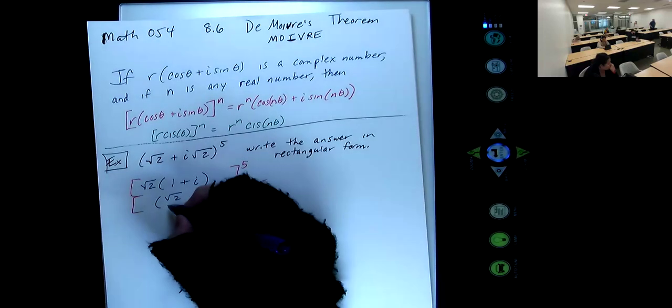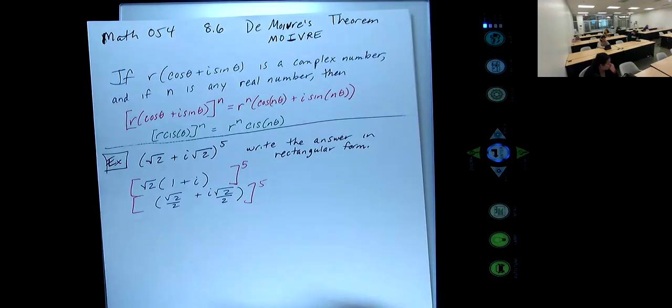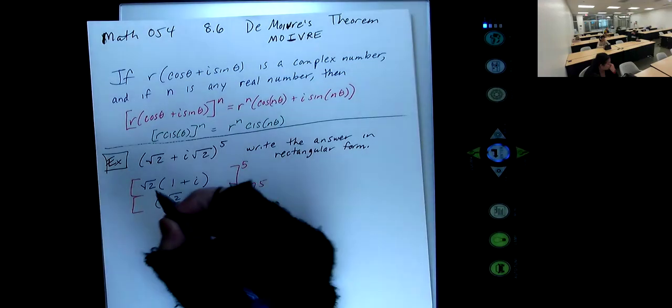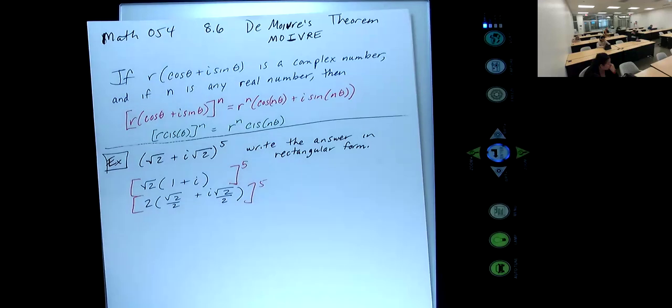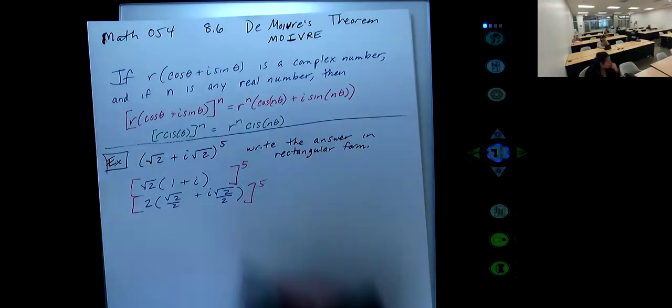But if I have this as root two over two, I know what angle it is, right? But if I do that, maybe I need to add a two on the outside. I can't just divide by two without changing anything. So sometimes trying that obvious thing doesn't help. This wasn't helpful.